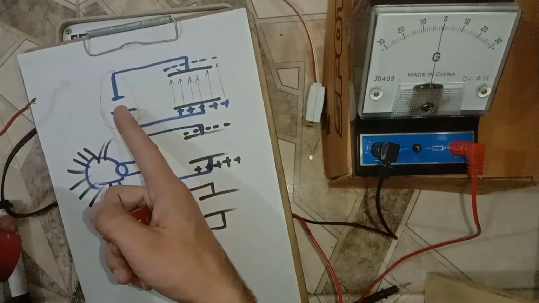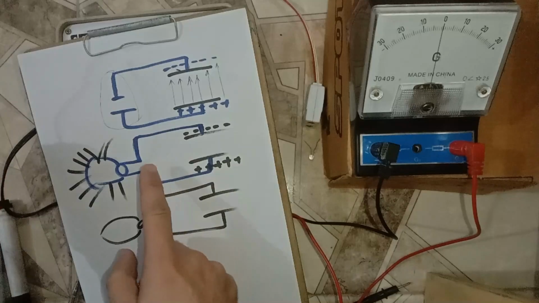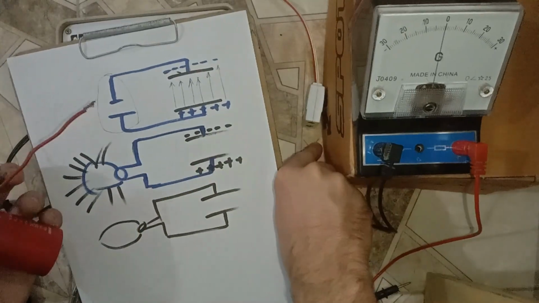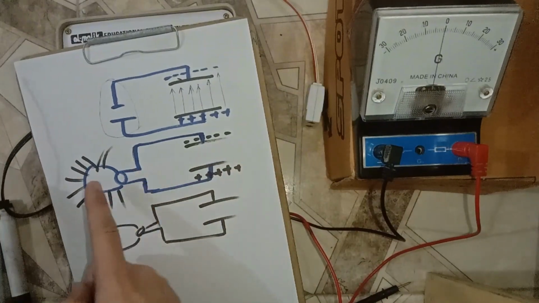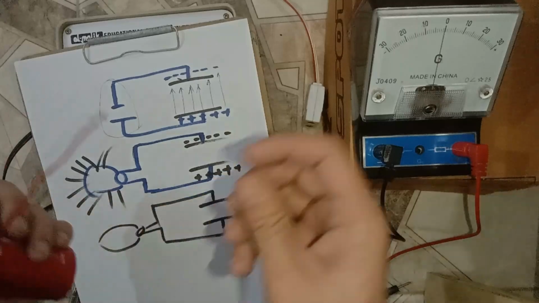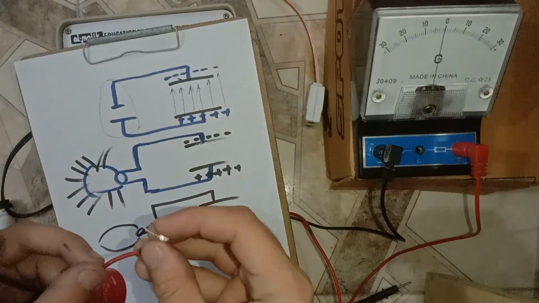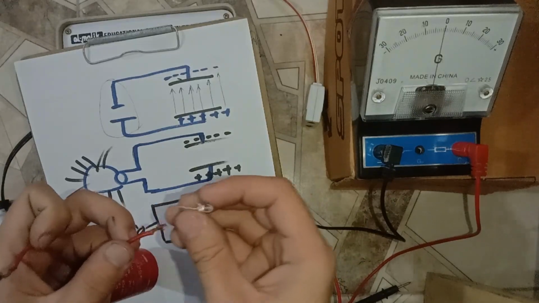Now I remove the battery, and instead of the battery I put the bulb, and this bulb will be on for a small interval.